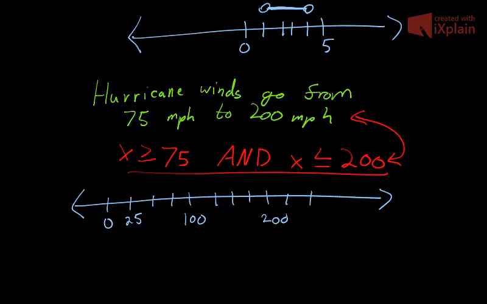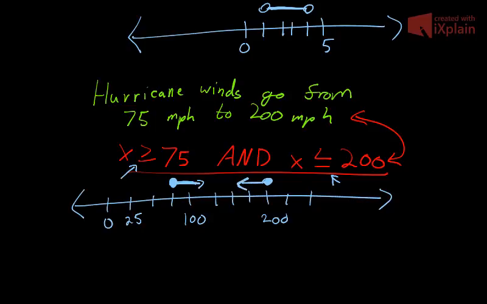So we're going to start at 75, draw my circle here, and also 200, draw my circle there. Here we see the sign has the line underneath it, which means we're going to have a closed circle. This also has a line underneath it, which means we're going to have a closed circle. And we need to be both this way of this dot and this way of this dot.